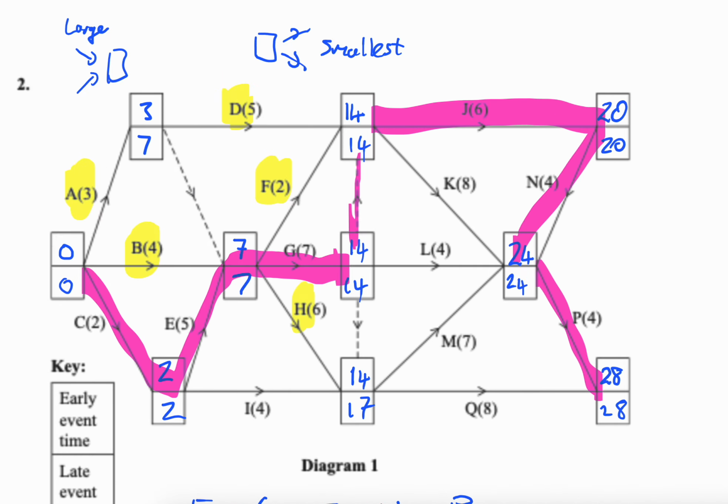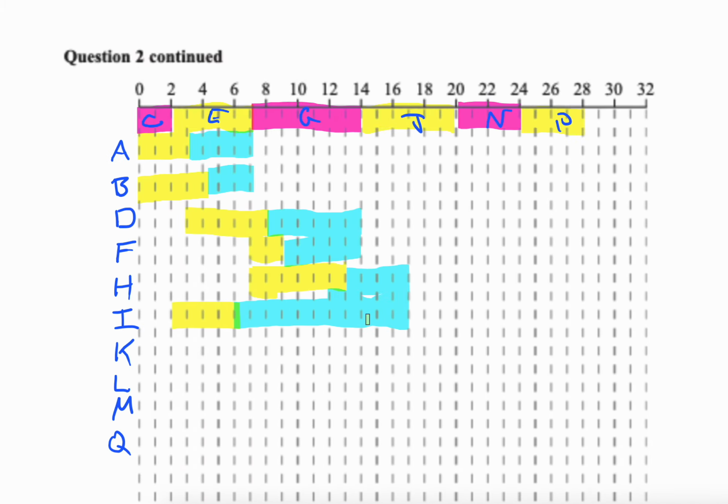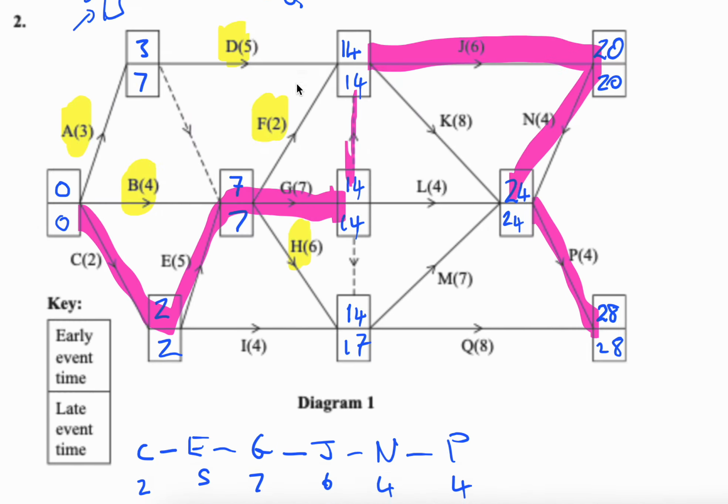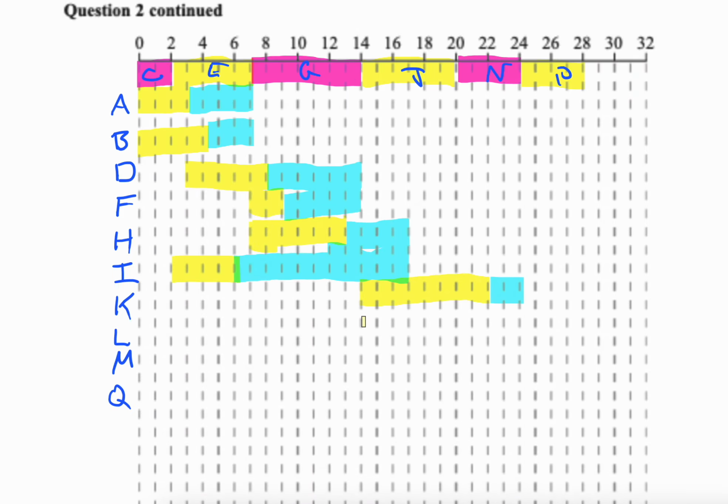K starts at 14, has a duration of 8 and a float of 2. L starts at 14, duration 4, and float 6.